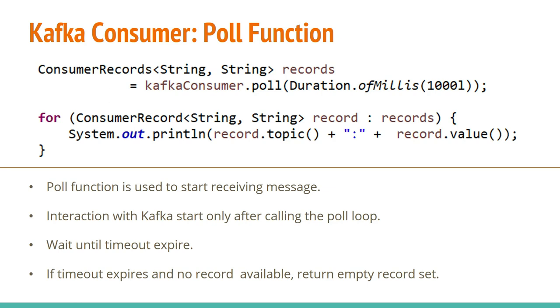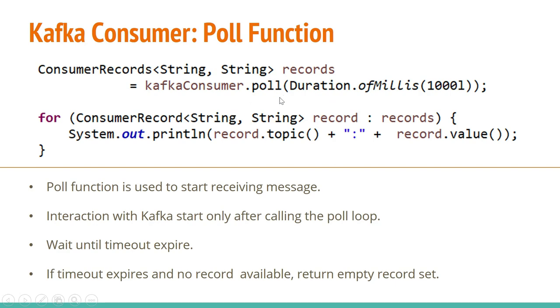But assume that all the messages have been consumed by this application, so the poll function will wait to receive new messages, and the wait time will be 1000 milliseconds as per this configuration. We can change this wait timeout as per our convenience and as per our application. Now, if after the wait the topic has not received any new message, then the poll will return us an empty record set.